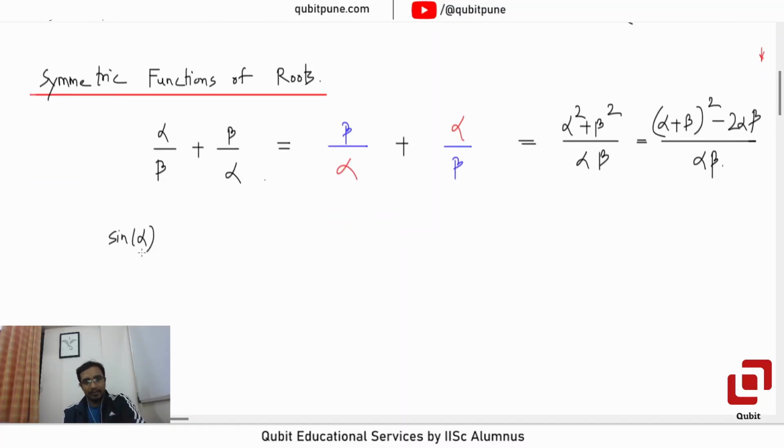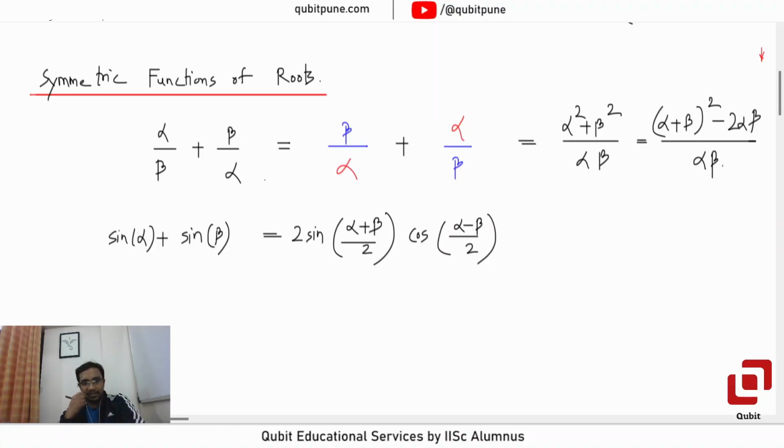Okay, can you give me examples of some other symmetric functions? Sine alpha plus sine beta. Okay, sine alpha plus sine beta, well, that is also a symmetric function, and we actually have a formula for this: 2 sine of (alpha plus beta) by 2 cos of (alpha minus beta) by 2. Now you might ask, how can it be alpha minus beta by 2 there?